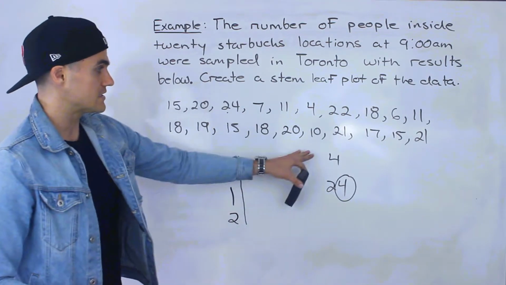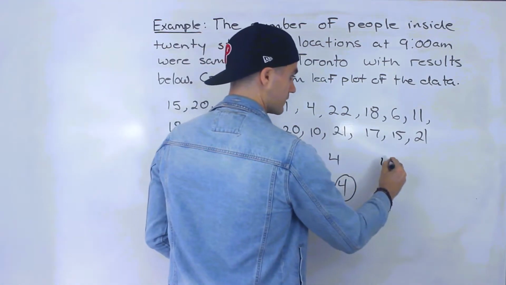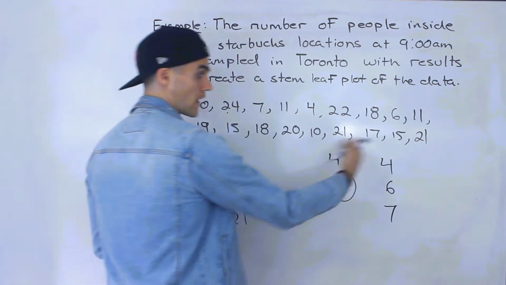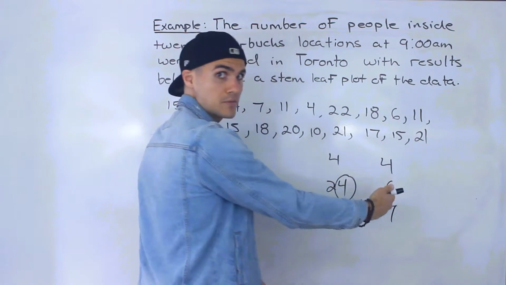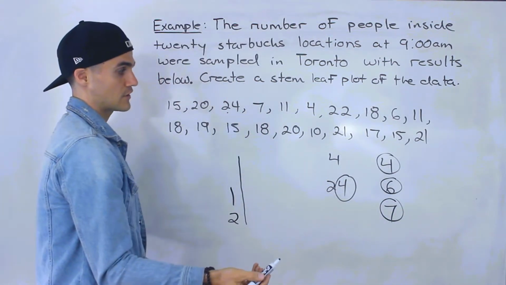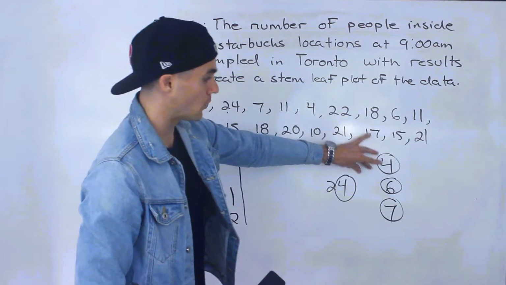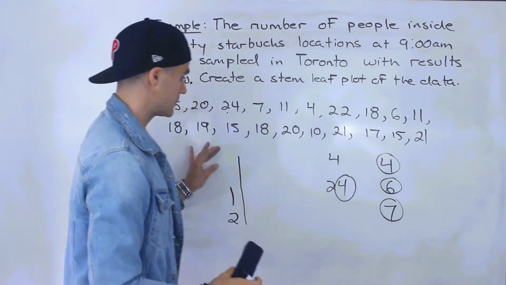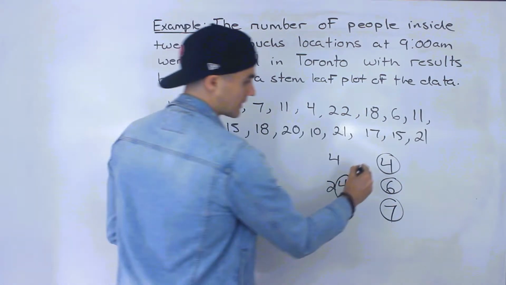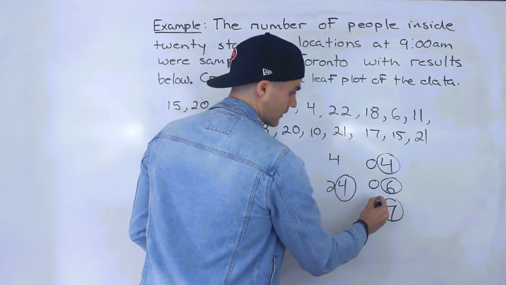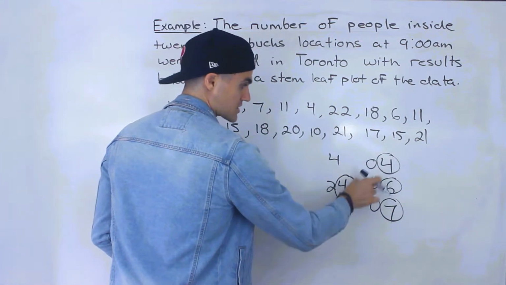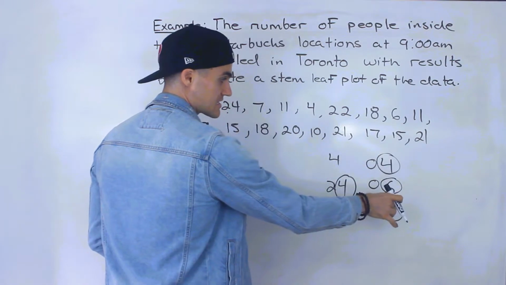The question is, how are we going to deal with the 4, the 6, and the 7? These are all single digits, so the rightmost digit is the 4, the 6, and the 7, and there are no other digits remaining. So what is the stem for these single digits? Well, we can add a 0 in front, representing them as 04, 06, 07 instead of just 4, 6, and 7.